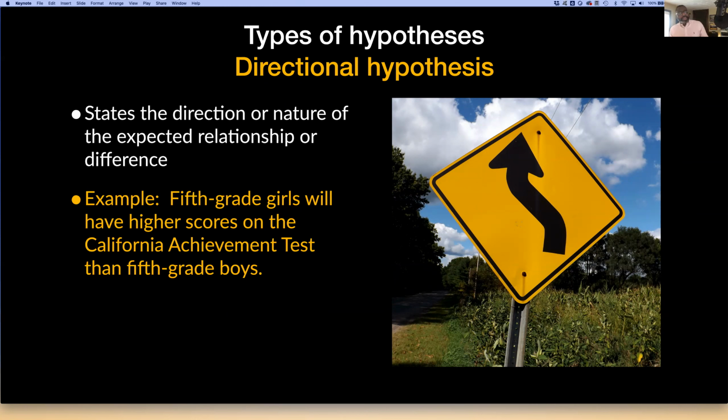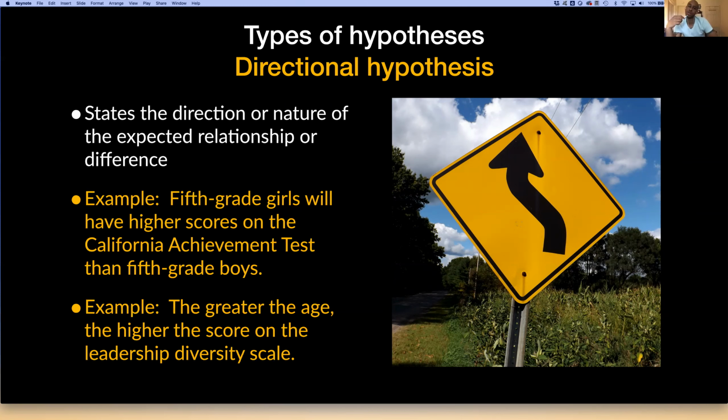What makes that directional? Higher. Bingo. The greater the age, the higher the score on the leadership diversity scale. Where is the direction there? Higher. And what else? Greater age and higher score. Bingo.